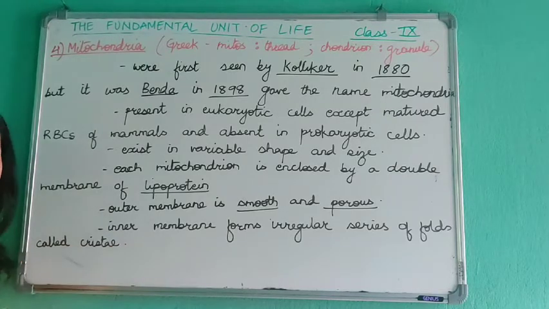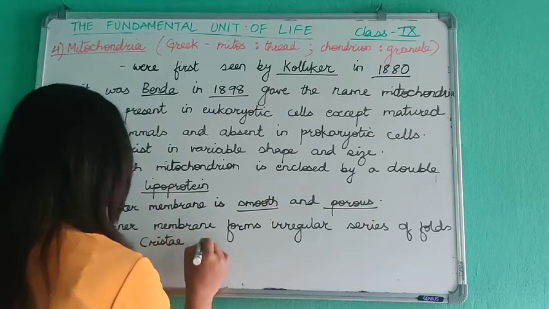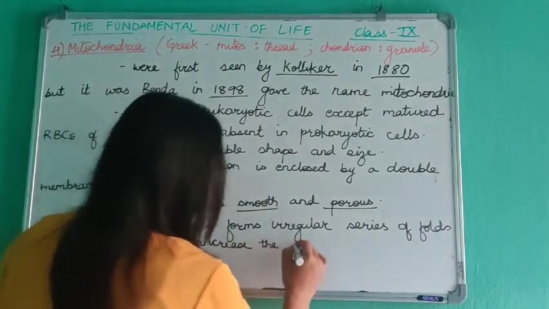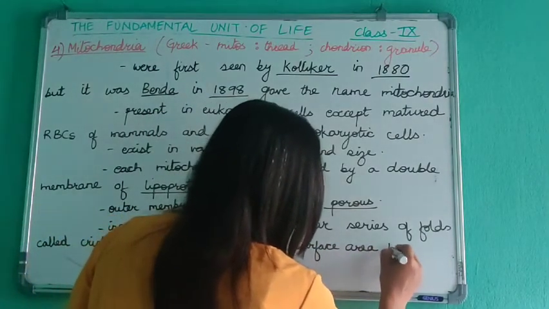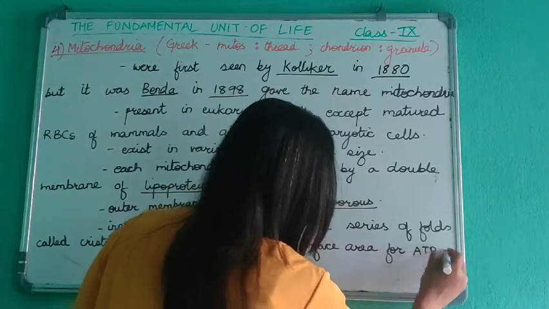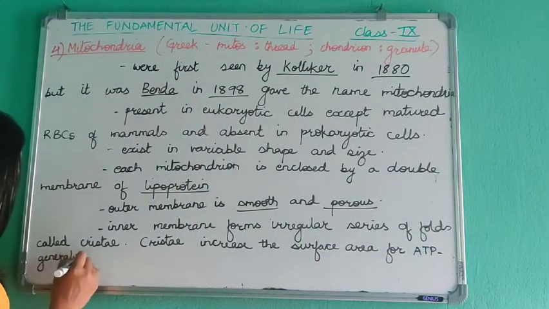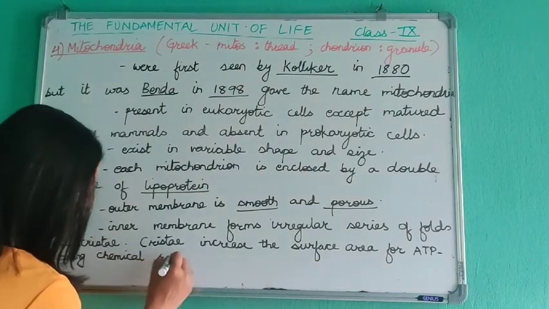These are called cristae. What is the function of cristae? They increase the surface area for ATP generating chemical reactions.